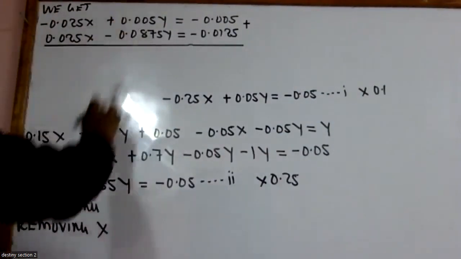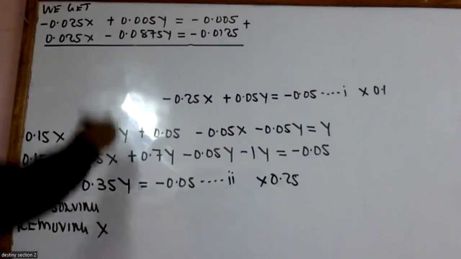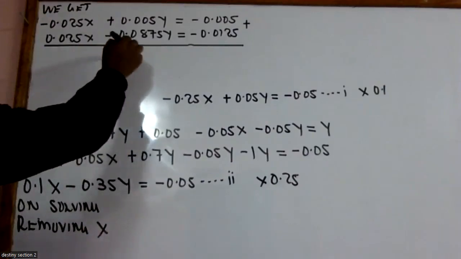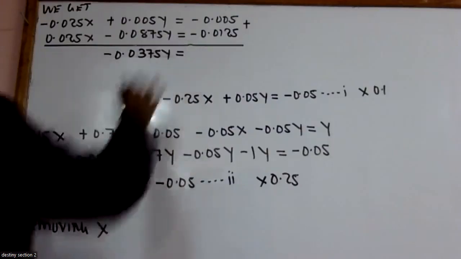So this plus this, we remain with minus what? Minus 0.0375y. That's all.